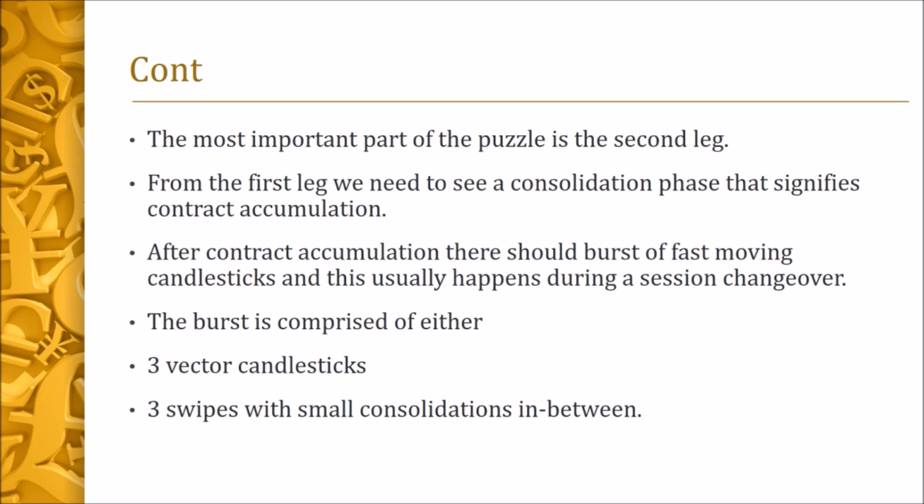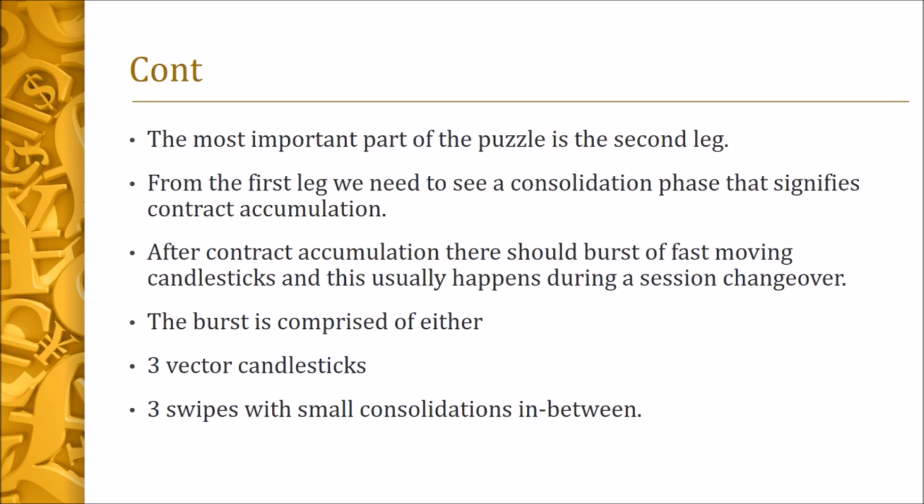The most important part of this puzzle is the second leg. From the first leg, we need to see a consolidation phase that signifies contract accumulation. After contract accumulation, there should be a burst of fast-moving candlesticks, and this usually happens during a session changeover.